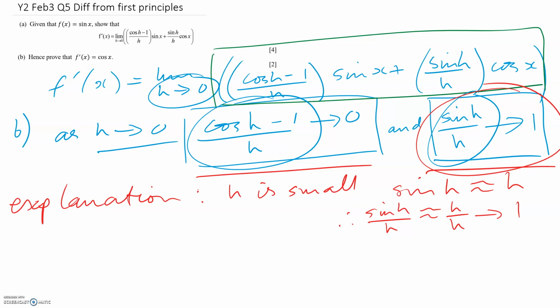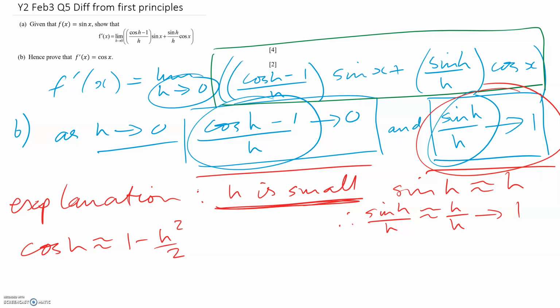The other one's not quite so simple, but it follows the same principles. If you look at the small angle approximations, when h is small, cos h will approximately equal 1 minus h squared over 2.